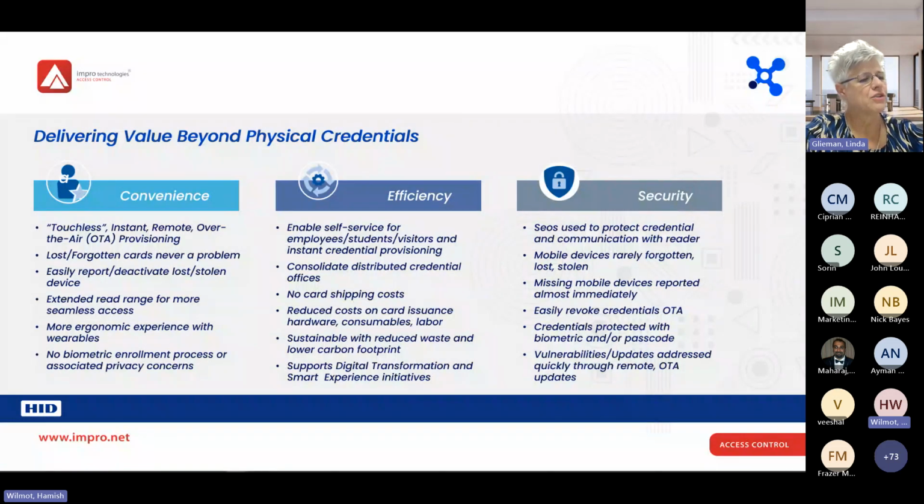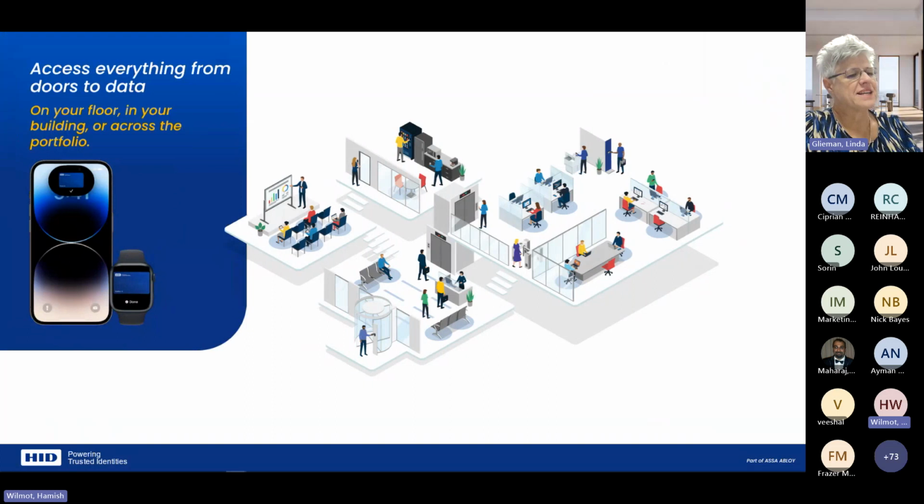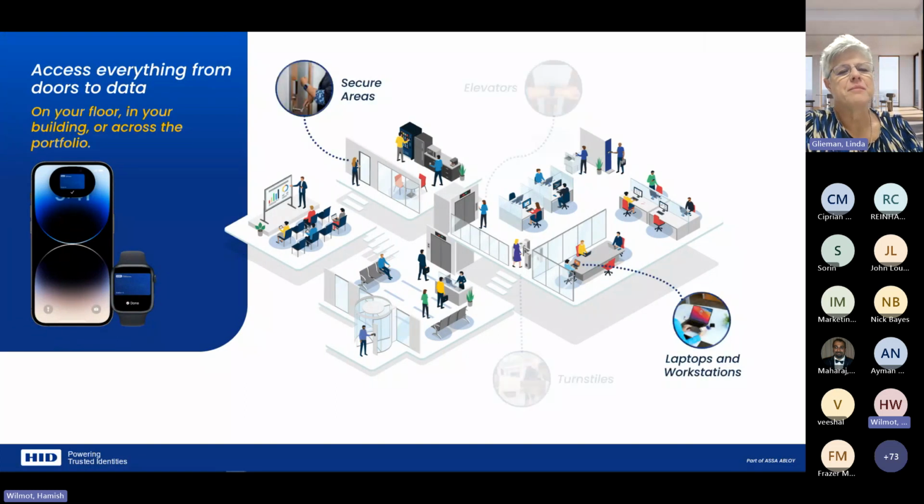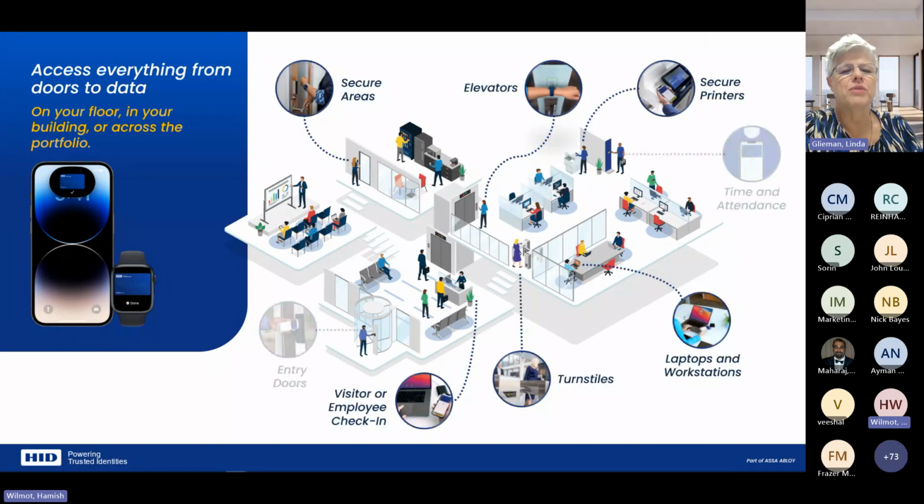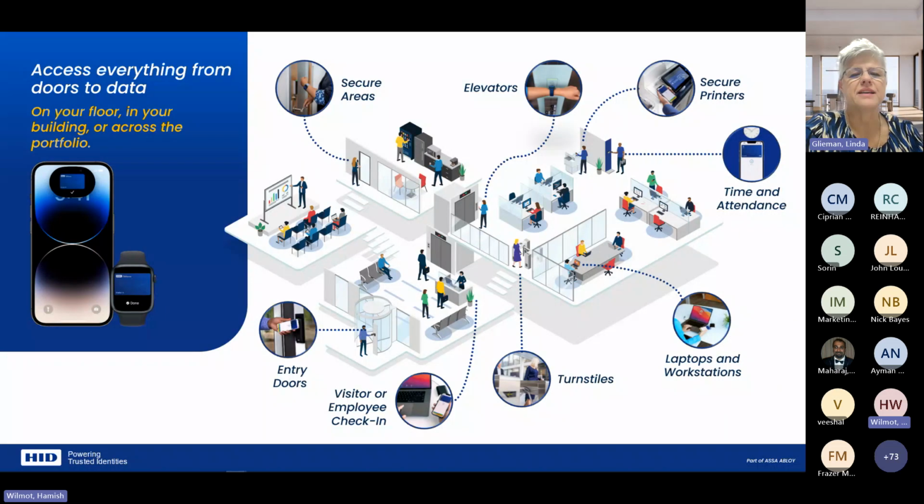So if we then look at the use cases, you can go to the next slide. If we then look at the use cases in an organization for mobile access, there are numerous use cases, and HID has various readers and devices which are used to read the mobile credentials, which then supports the client's security policies from both a physical and logical aspect.